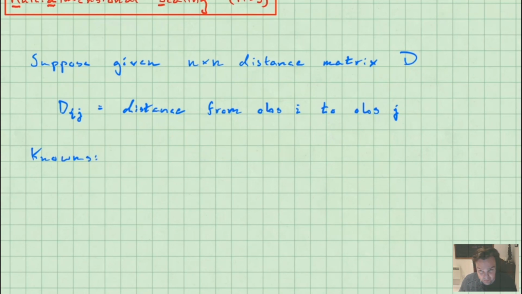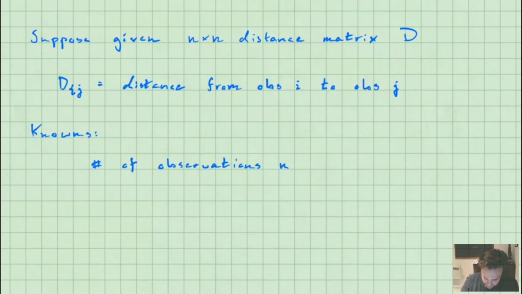You know the number of observations, right? That's going to be n. So there are n different observations that went into constructing this. But there's quite a lot that you don't know about the observations.